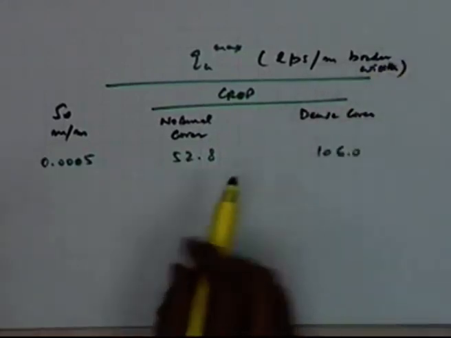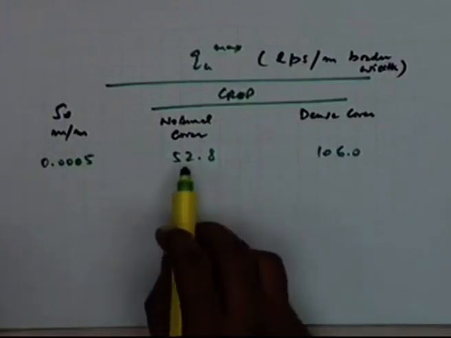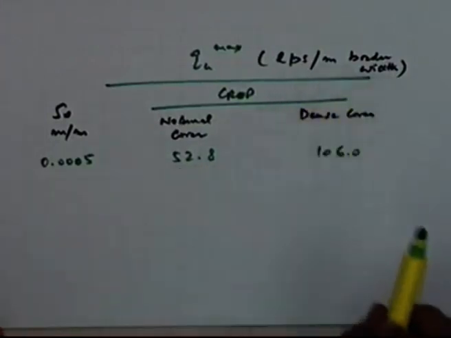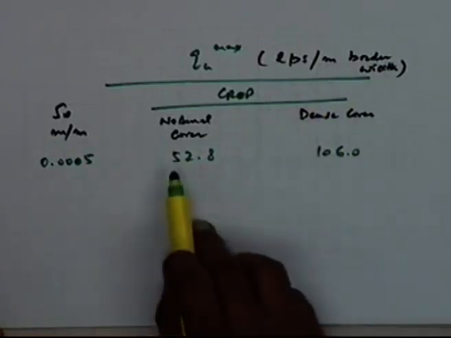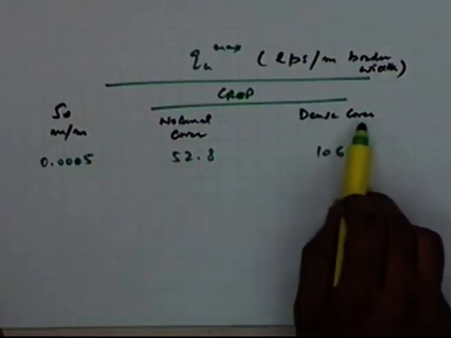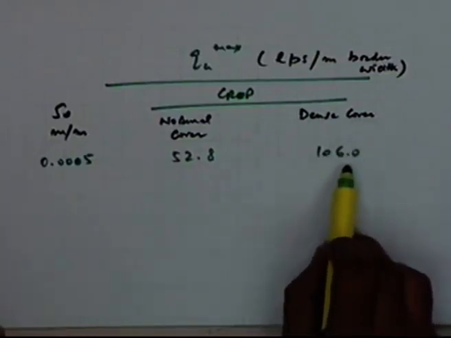Okay, the units are different. So, you can use a 52.8 liters per second per meter width of the border when you have such a flat slope. But if the dense cover is there, you can still use a higher stream size.